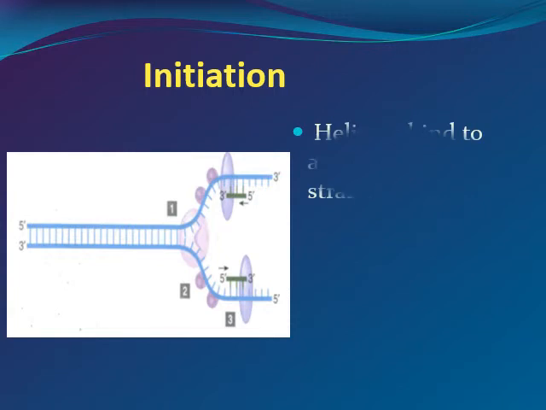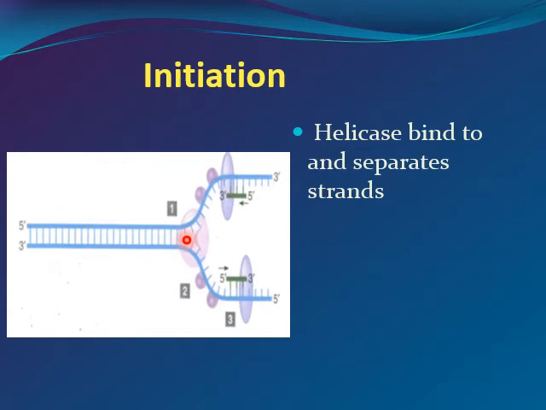The replication begins at a specific site on the double helix, called the origin of replication, in which the two chains are separated from each other when a helicase enzyme breaks the hydrogen bonds between the base pairs. DNA is locally opened, resembling a fork, which is called the replication fork.